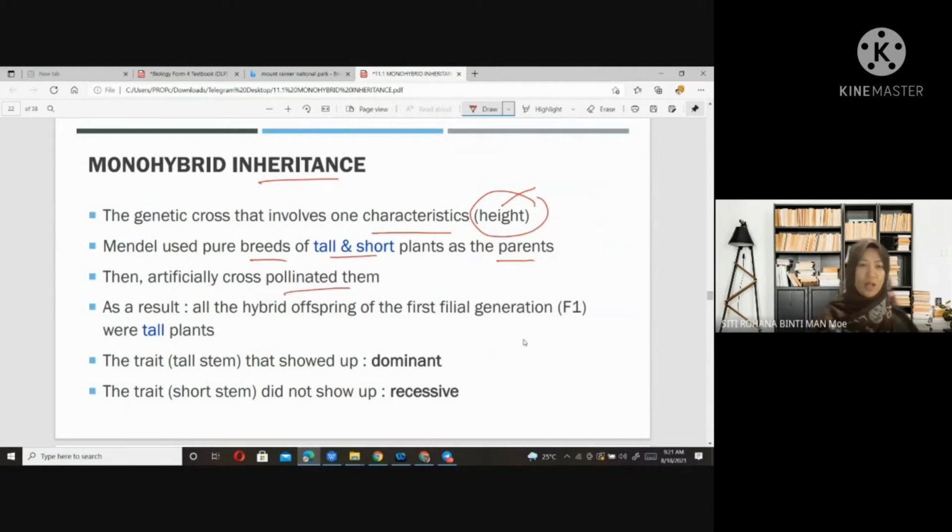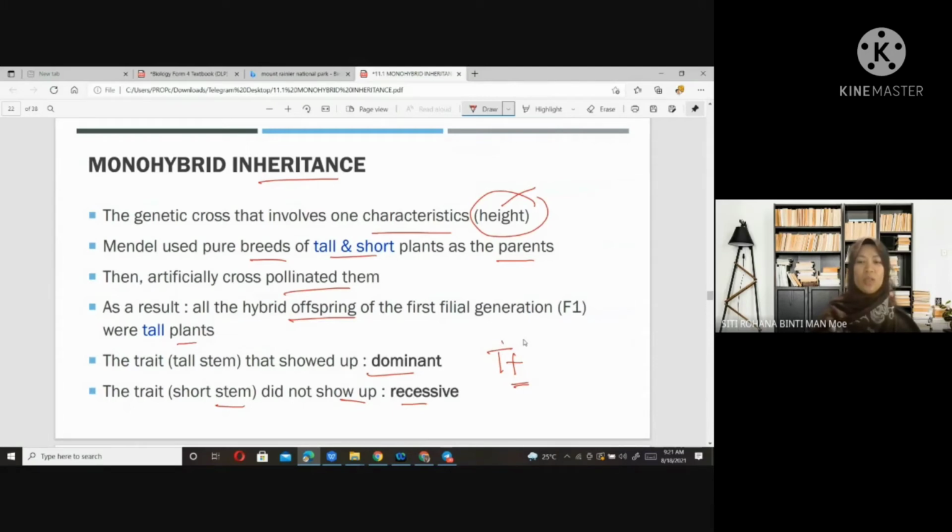As a result, all the hybrid offspring, kacuk tu, the hybrid offspring of the first filial generation were tall plants. Okay, so the trait which is tall stem will show up as the dominant trait. Okay, short stem that will not show up is the recessive trait. Nampak kalau macam ni. This one, hidden allele, which is the recessive allele, tidak akan ditunjukkan.